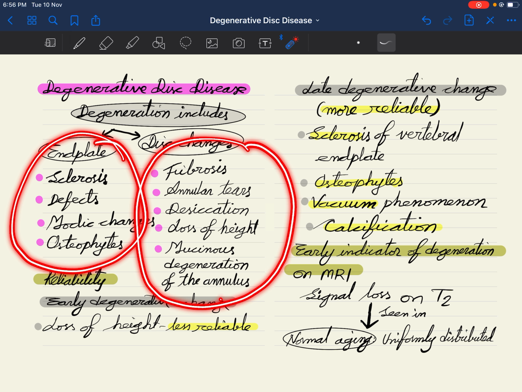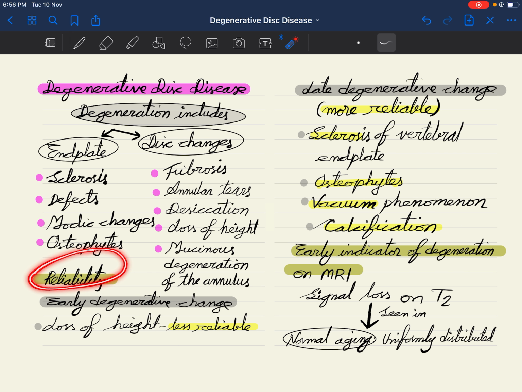degeneration changes. So in terms of reliability, the early degenerative finding, that is the loss of height, is less reliable, but the late degenerative changes, which are sclerosis of the vertebral end plate, osteophytes, vacuum phenomenon, and calcifications, are more reliable.